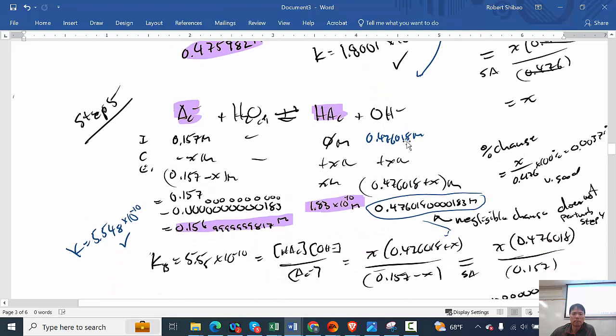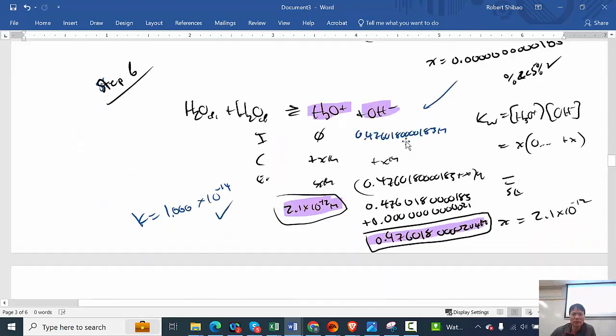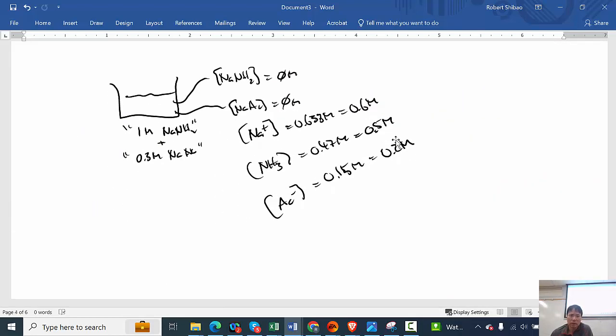The acetic acid, 1.8 times 10 to the minus 10. So it'll just be 2 times 10 to the minus 10 molar.